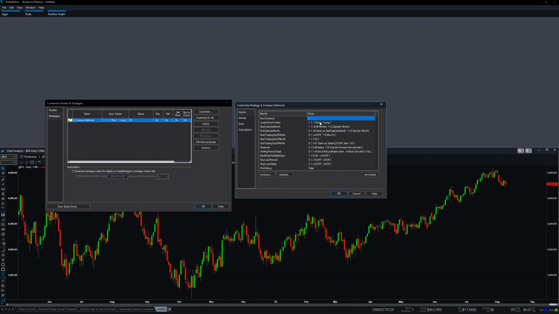At the moment, we're looking at the S&P daily chart, and I just want to do a complete optimization. I want to do a layered, top-down optimization, where I'm going to try and get all of my questions answered in one go.